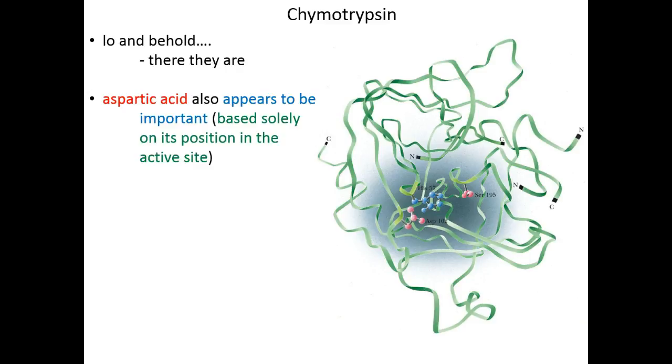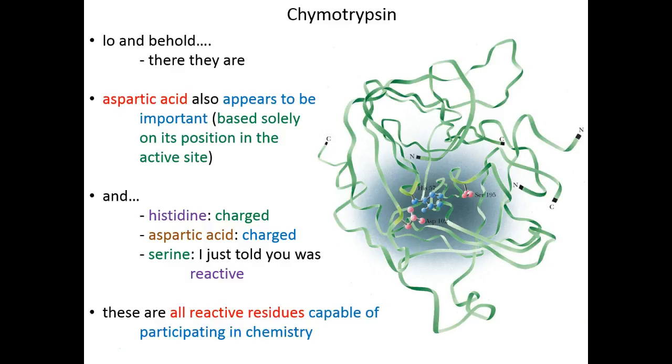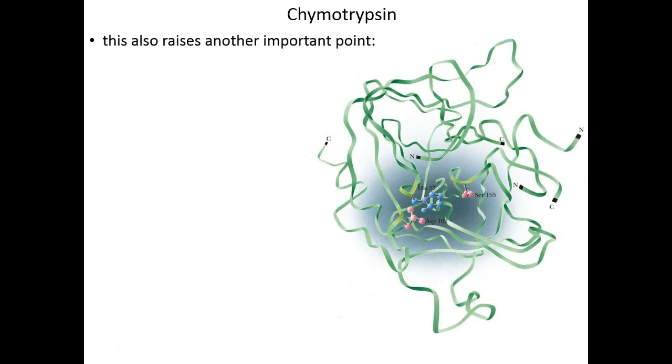Aspartic acid 102 seems to be important as well because we see that aspartic acid 102 is right there in the active site as well, and aspartic acid is a charged, acidic amino acid, so it's reactive. Histidine is charged, aspartic acid is charged, and serine is reactive, as we just told you, because of that hydroxyl group in its side chain. These are all reactive amino acids with reactive side chains that are very likely to be participating in chemistry, and there they are in the active site.